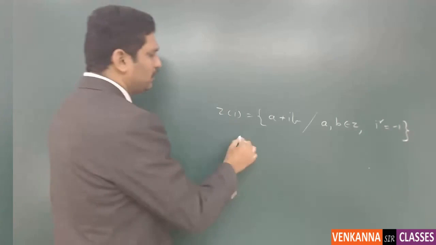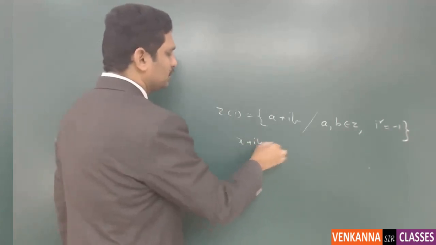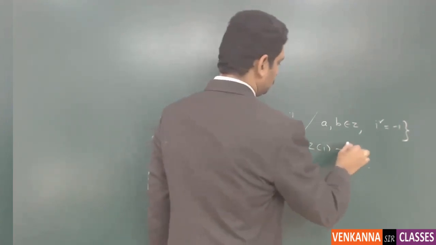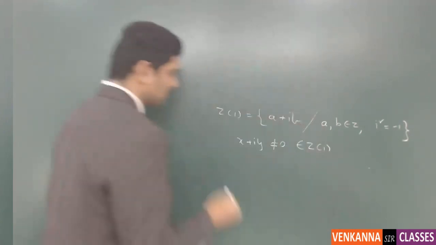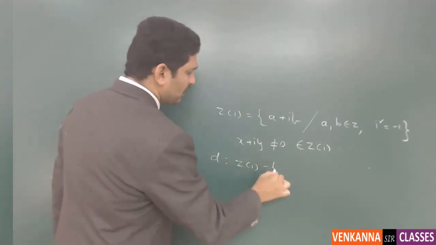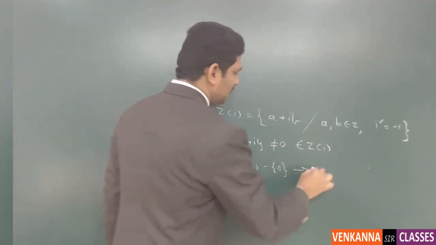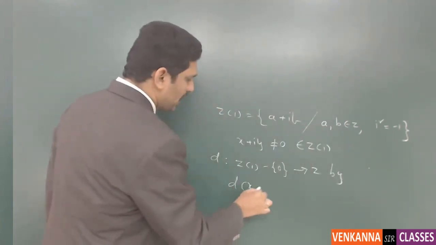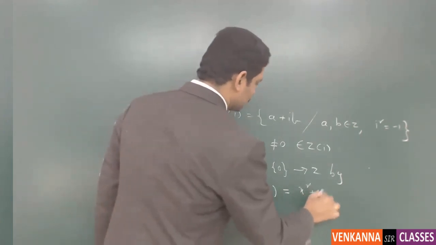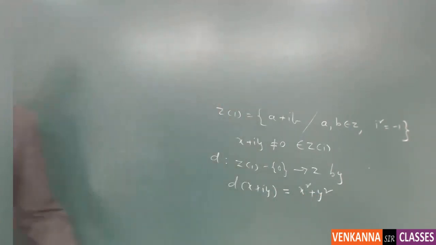Whenever you take a value, you define the function from Z of I minus 0 to the non-negative integers, d of x plus iy is equal to x square plus y square. You define the value like this.